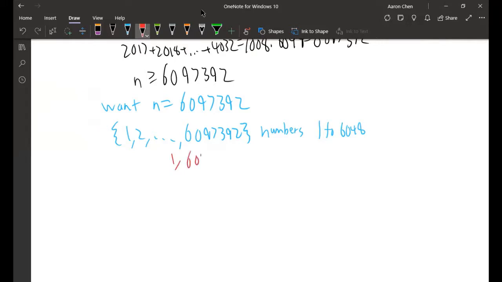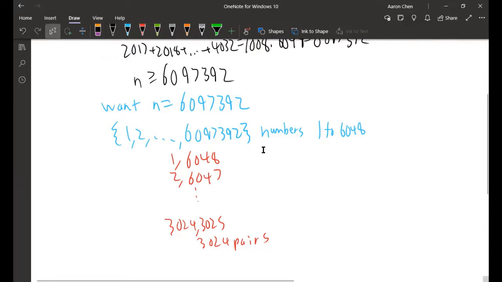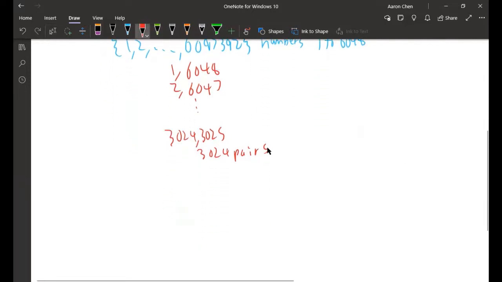So 1 and 6,048, 2 and 6,047, all the way to 3,024 and 3,025. And so this is a total of 3,024 pairs. And since we're taking out 2016 numbers, what that means is that of these 3,024 pairs, there are at least 3,024 minus 2016, which is 1,008 pairs left.